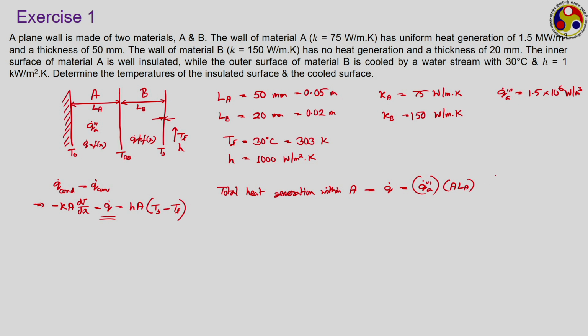Now, in this case Q dot triple prime is given as 1.5 into 10 to the power 6, and the cross section area is not given, L A is equal to 0.05.